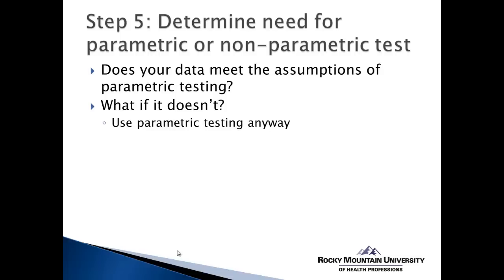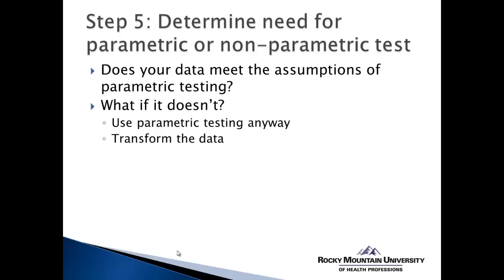Some authors will argue that many of the approaches, especially the more advanced types of ANOVAs, are robust enough that they can overcome minor violations of the assumptions, particularly if we have a large sample size. But if you decide to go ahead with the analysis of parametric statistics, even though you have violated some of the assumptions, you need to justify that.